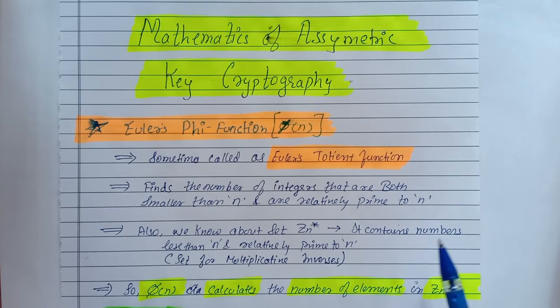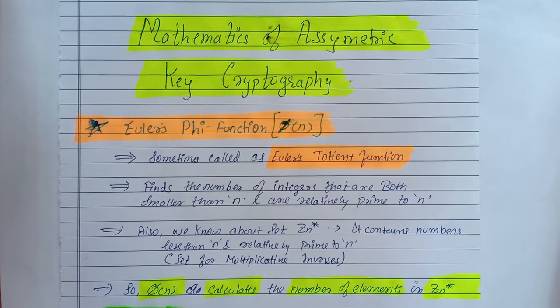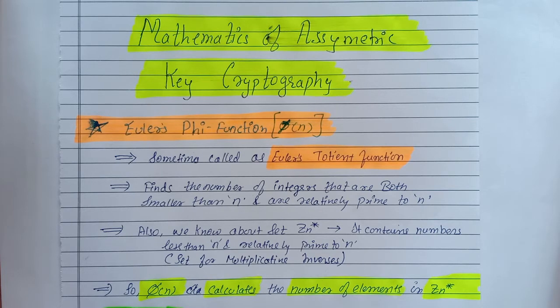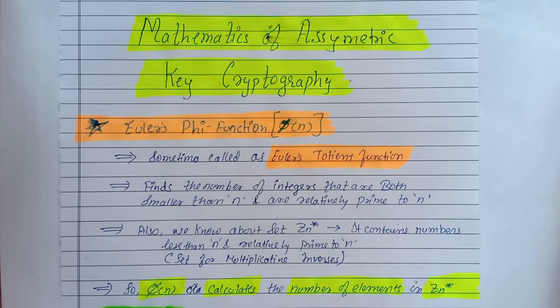It contains the numbers that are less than n and relatively prime to n. That is, Zn star is a set of multiplicative inverses, as we all know. Euler's phi function, phi of n, calculates the number of elements, that is, how many numbers are in Zn star.